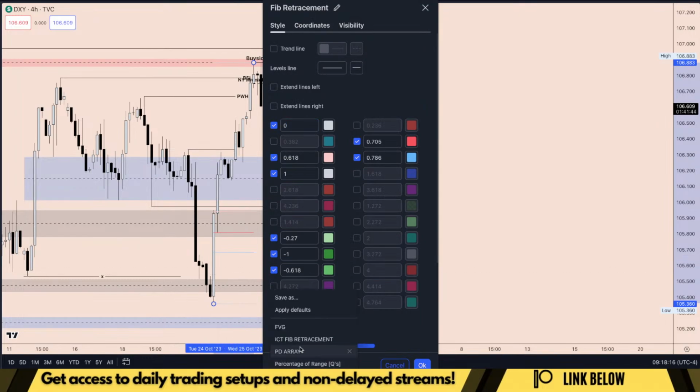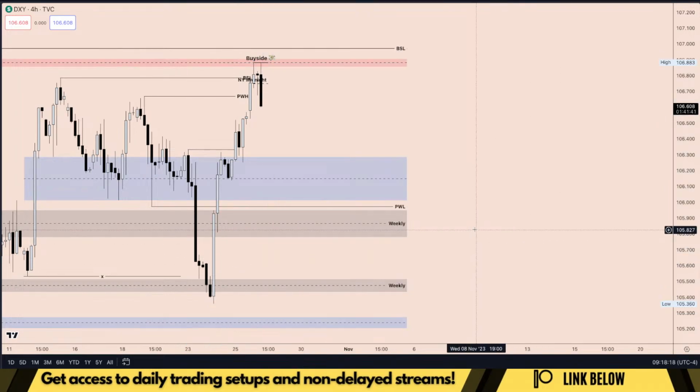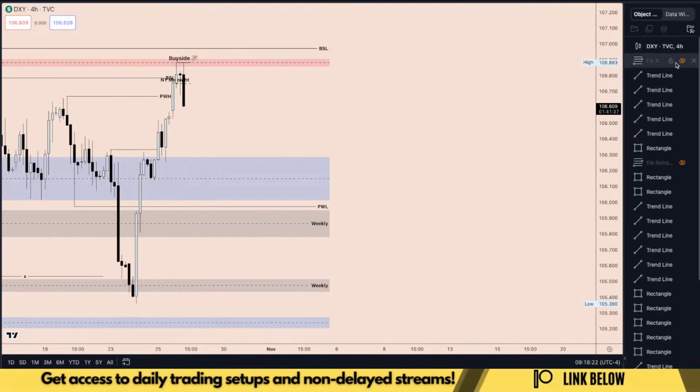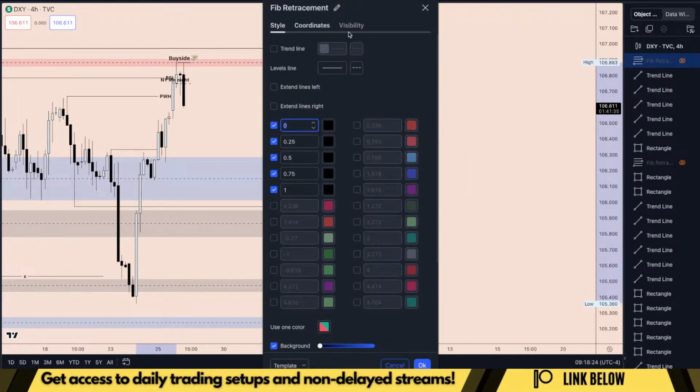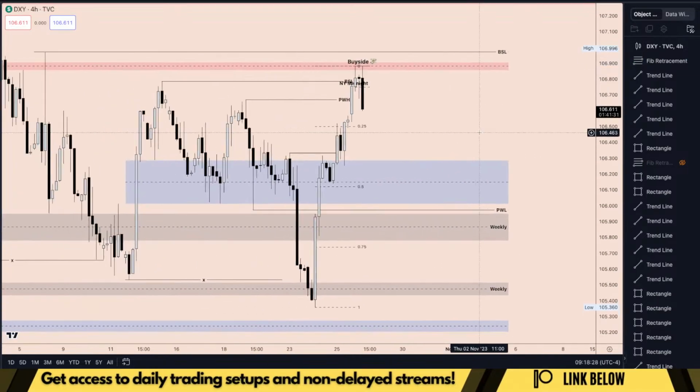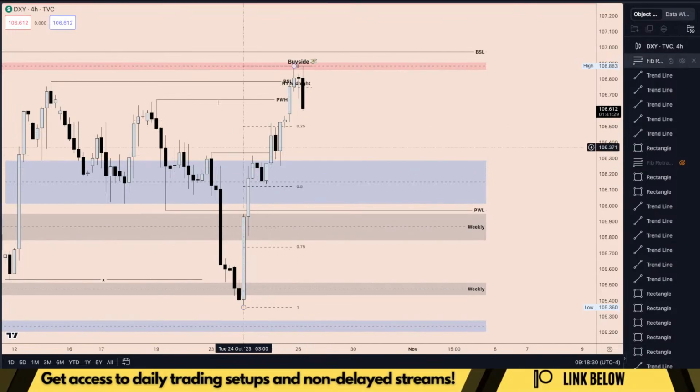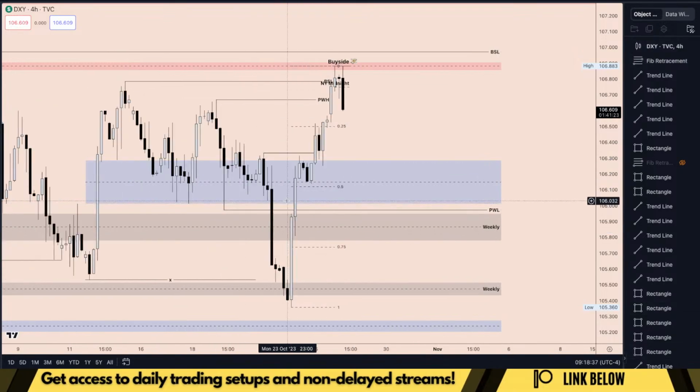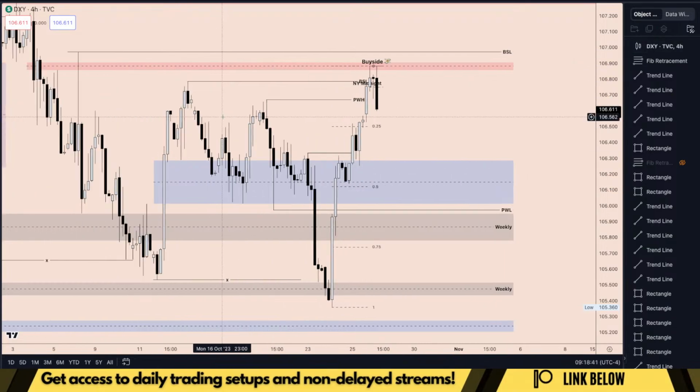Let's check out the percentage queues. Where's it gone? Come on. 25% retracement, 50% retracement would bring us back into our daily bullish fair value gap. We took this buy side already.